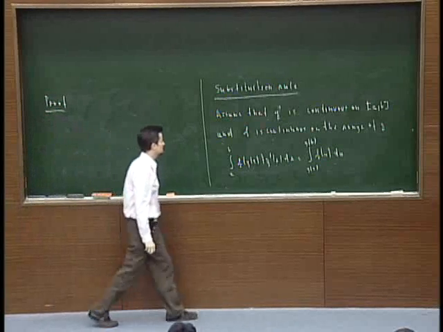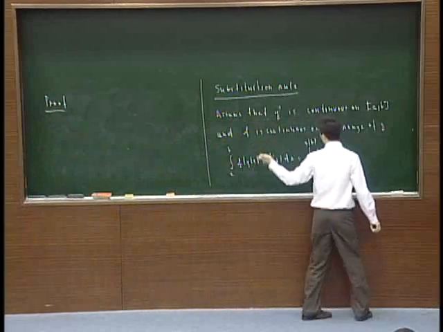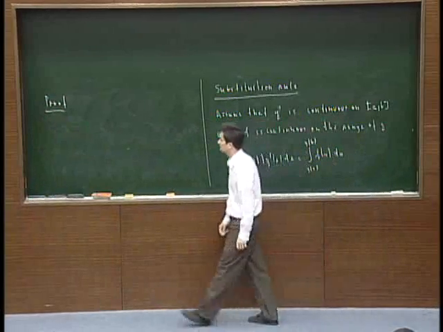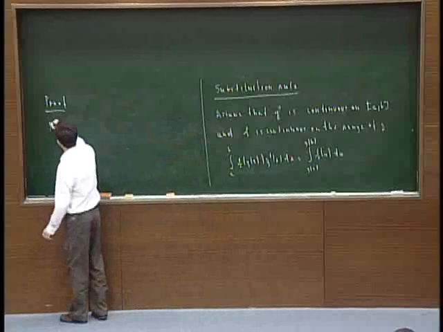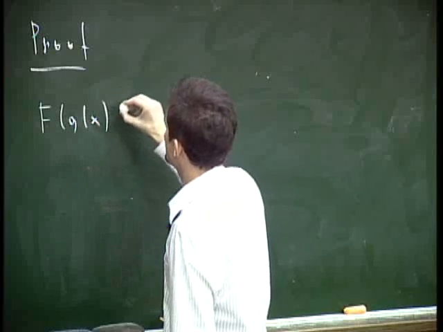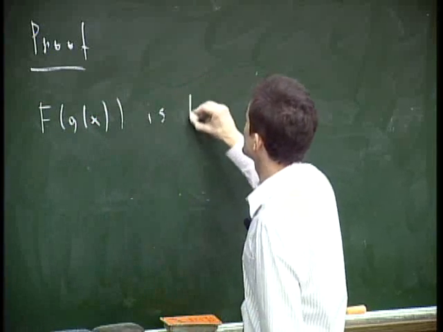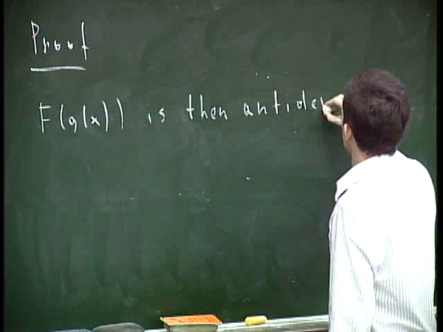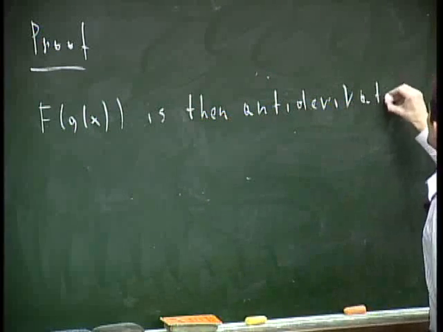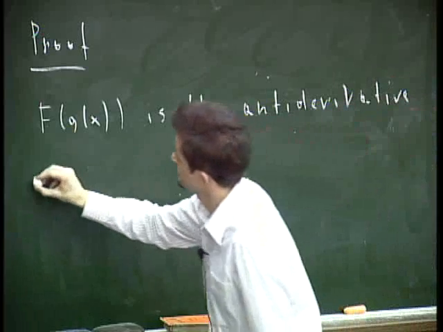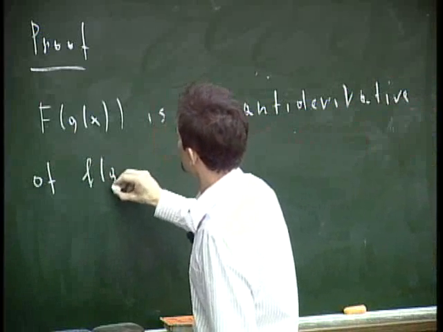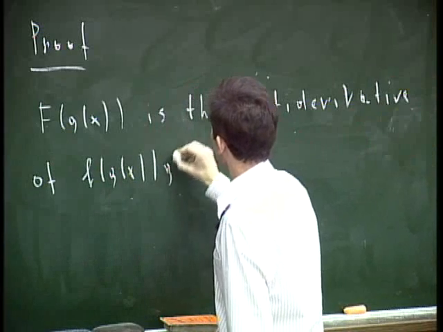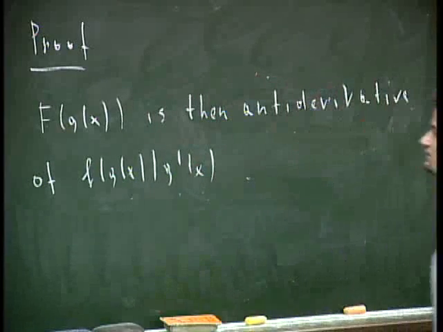Because of this assumption, small f has an antiderivative. Call it capital F, and F of g of x is then an antiderivative of f of g of x times the derivative of g of x.